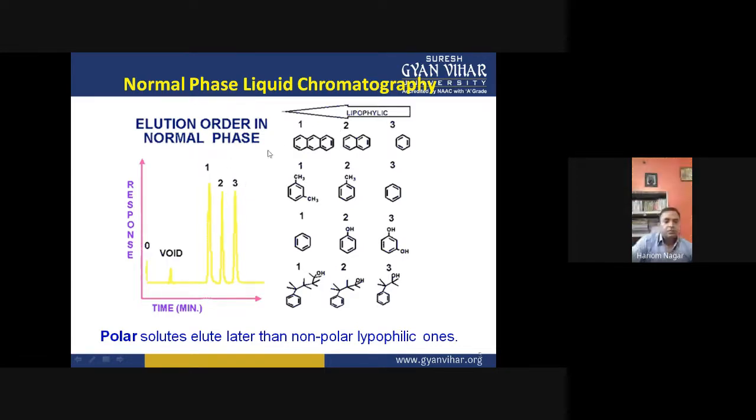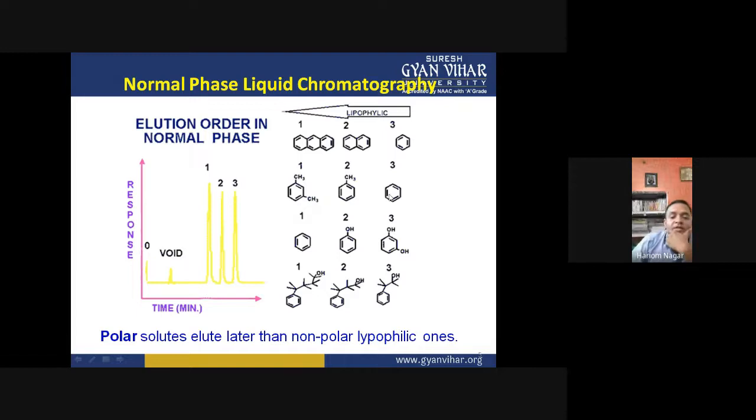This is the first compound, and its peak in the chromatogram will be the first peak. This is the time in minutes, so suppose this is 5 minutes, 6 minutes, 7 minutes. At 5 minutes, anthracene elutes from the column and reaches the detector. The detector senses this and the chromatogram appears. After that the second will elute, and then the third.